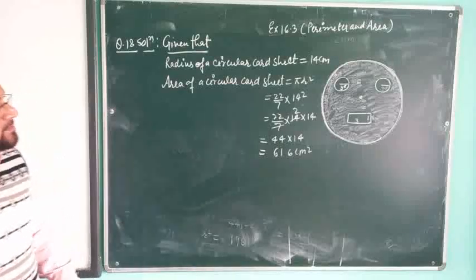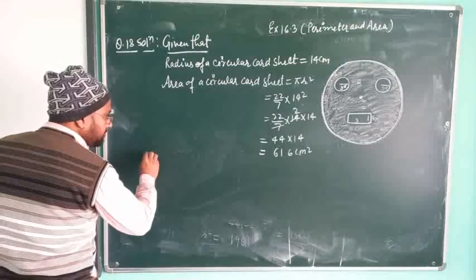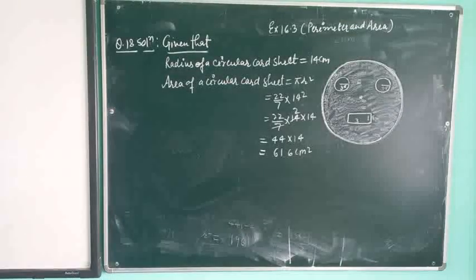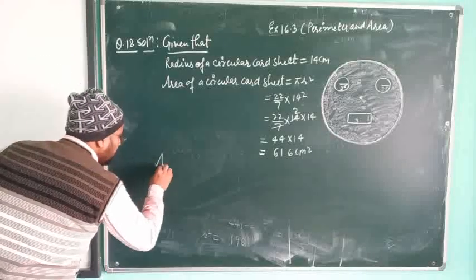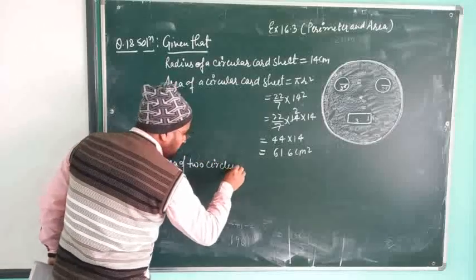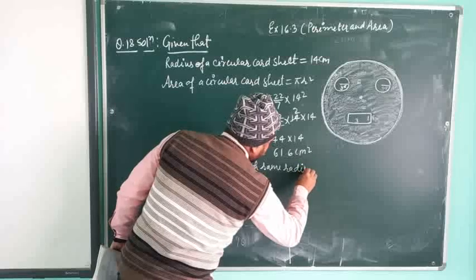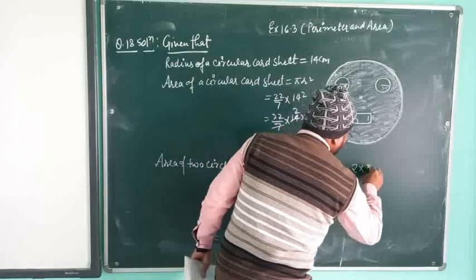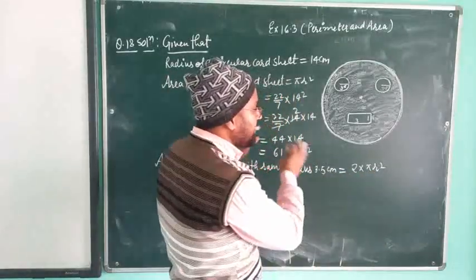Now there are two small circles. The area of two circles with the same radius, 3.5 centimeter, is equal to 2 into pi r square, because the area of one circle is pi r square, so the area of two circles is 2 into pi r square, since the radius is the same.